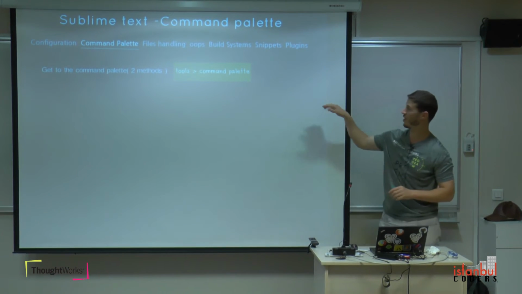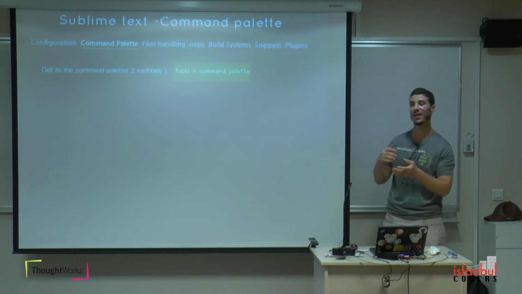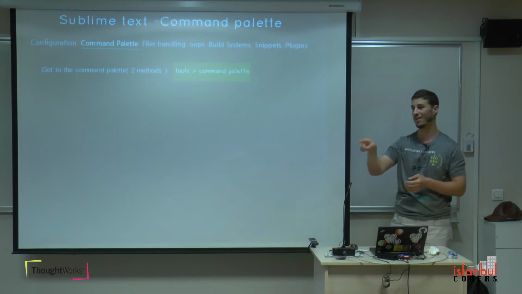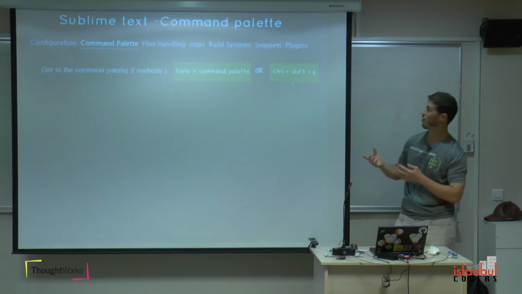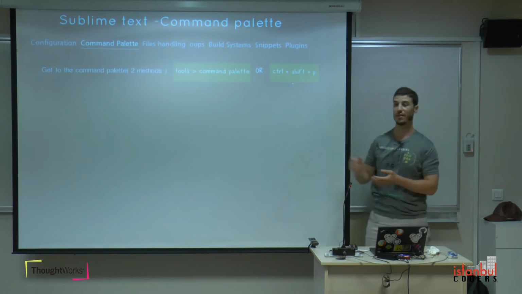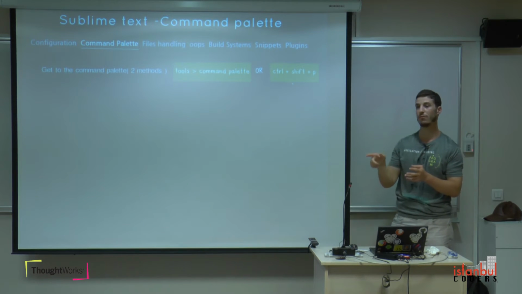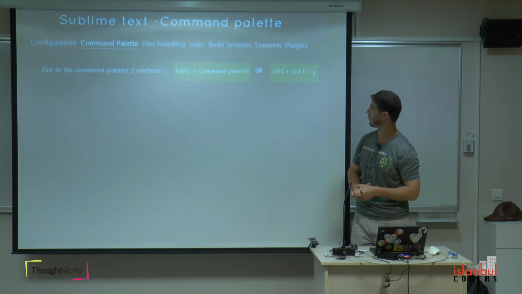So we have this or the usual one, which is go to Tools, Command Palette. This is the beginner's or the obvious solution. So go there, just click, then click, then click, okay? This is the Command Palette. And the best one, which is Control-Shift-P. Control-Shift-P, P standing for palette. So you can put it in your head, okay?